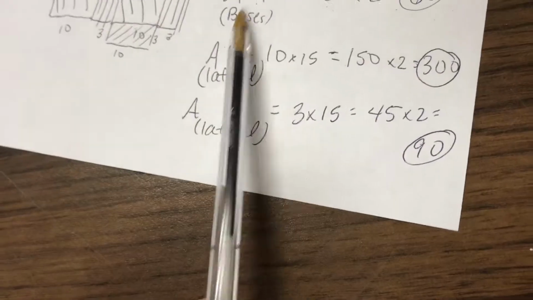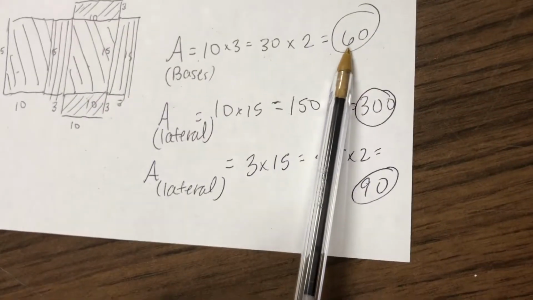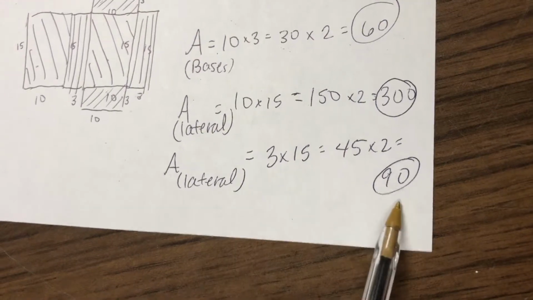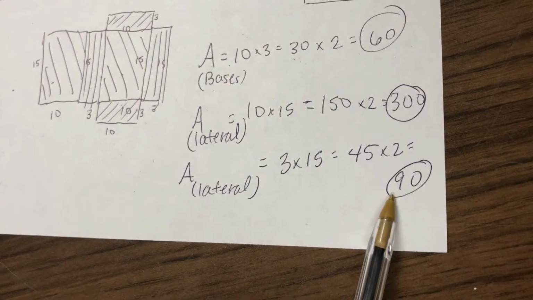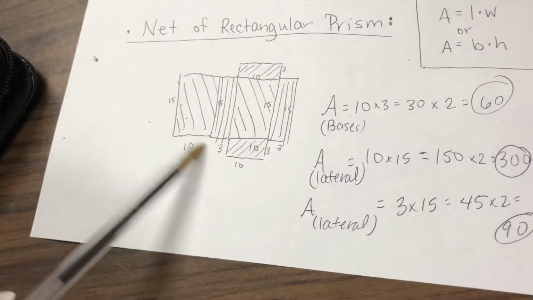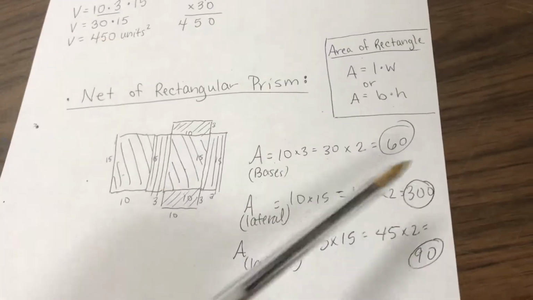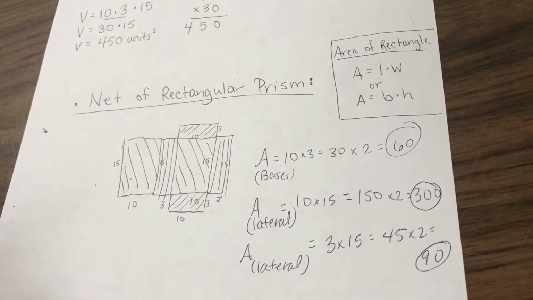So the area of 2 bases is 60. The area of 2 lateral faces is 300. The area of the other 2 lateral faces is 90. To get the surface area of the entire rectangular prism, or the area of this complete net, I'm going to add these 3 numbers together.